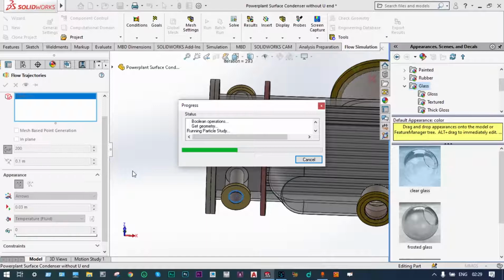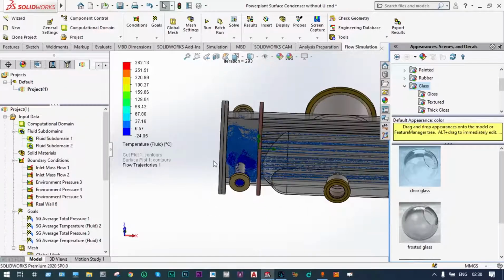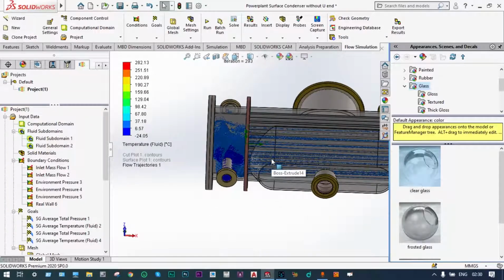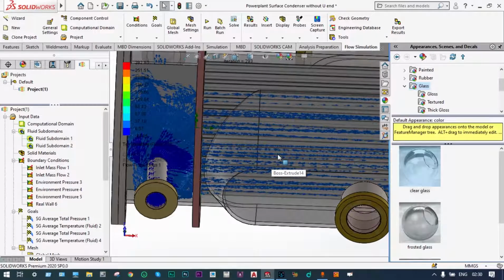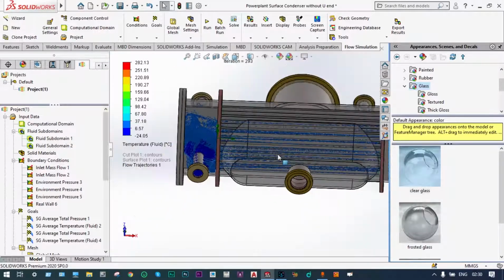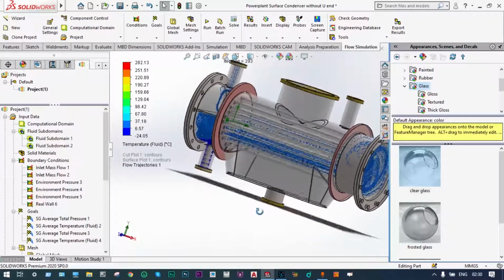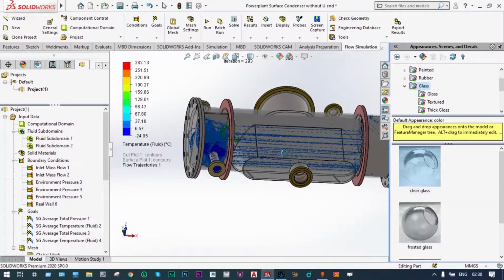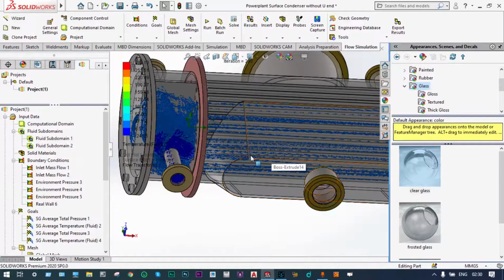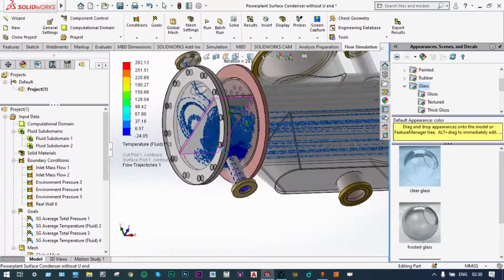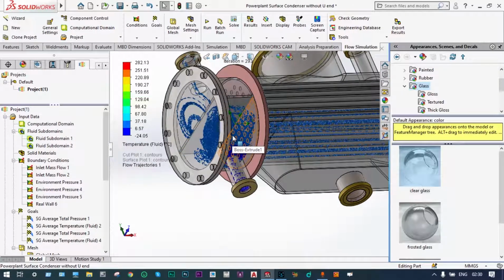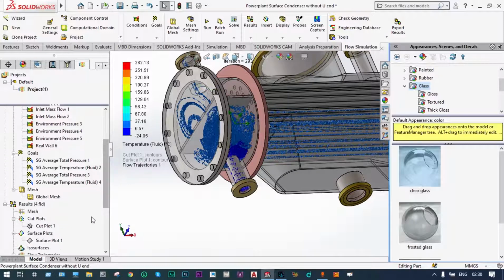Now the particle study is still running. It will take some time for getting the results. Now it is visible how the cold water particles are moving inside. At this location here there is a huge concentration of cold water before entering into this shell. And let us play these things.